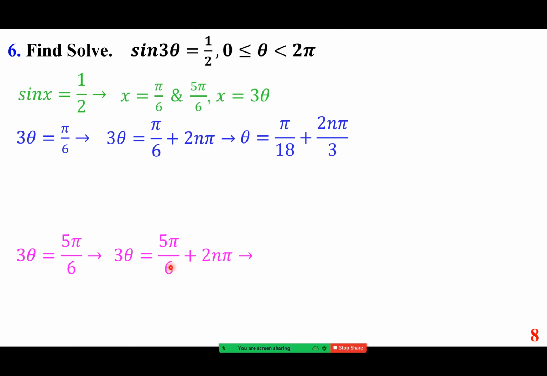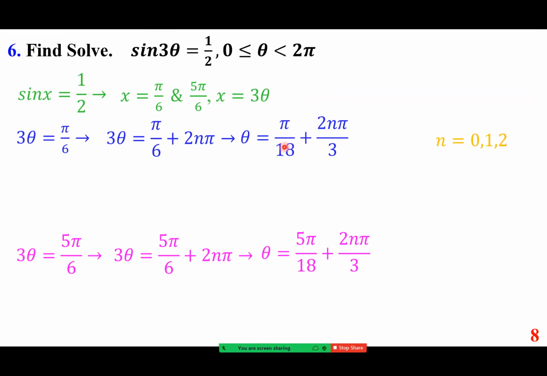This becomes 5 pi over 18, and again, plus 2n pi over 3. Now, because this is 3 theta, we choose n to be 0, 1, 2. We don't continue. Why not? This is 3. If I choose number 3, it goes beyond the 2 pi.